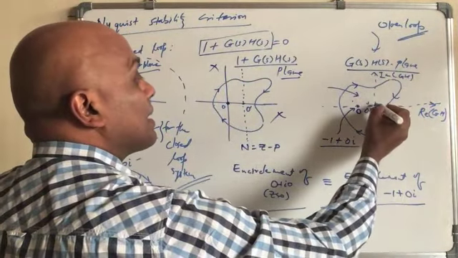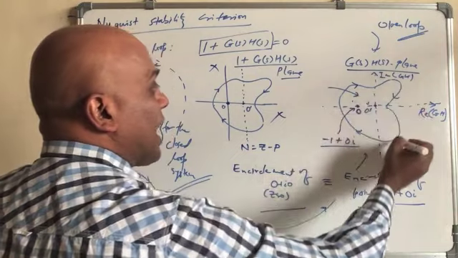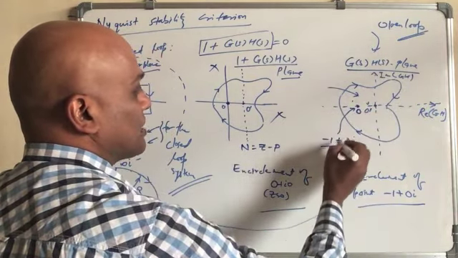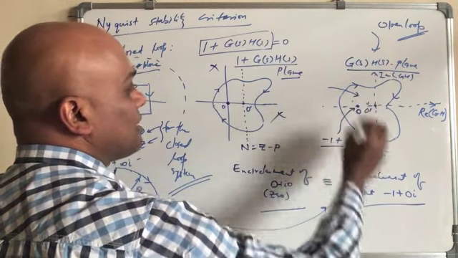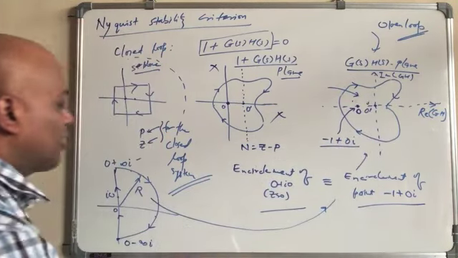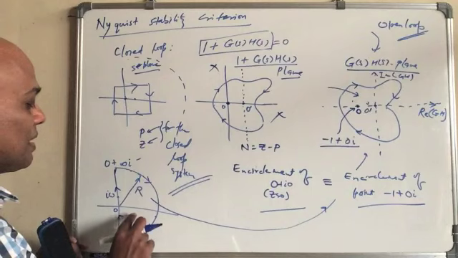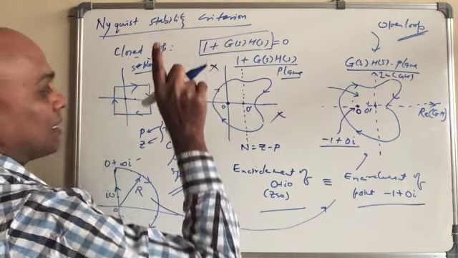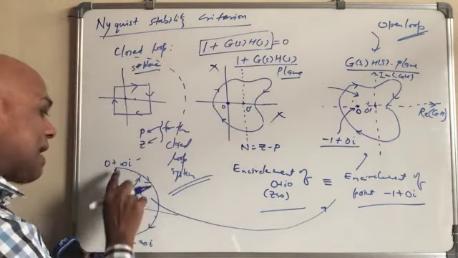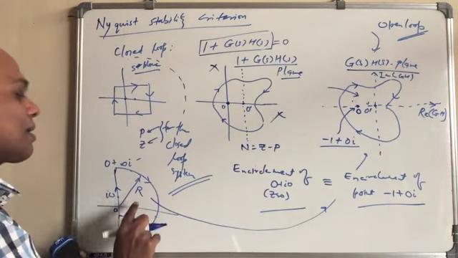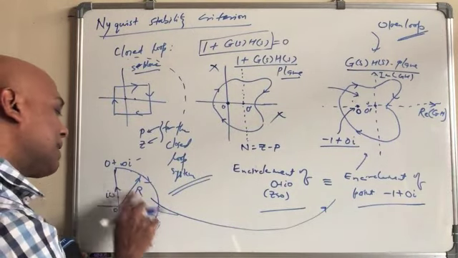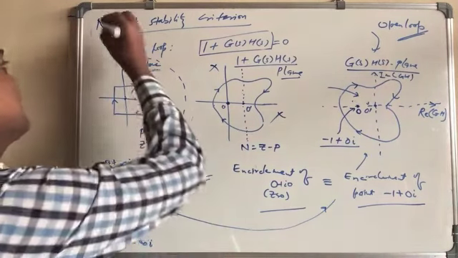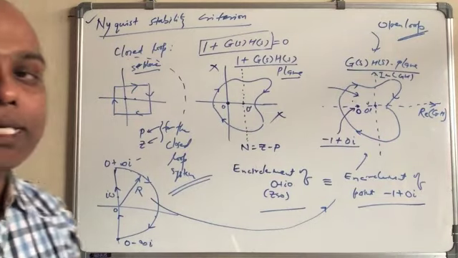Now just look at how many times it is going to encircle the point -1 plus 0. It will tell you some information about how many poles and zeros of the closed loop system lie within this, which really means on the right S plane. And this is all about the Nyquist stability criterion.